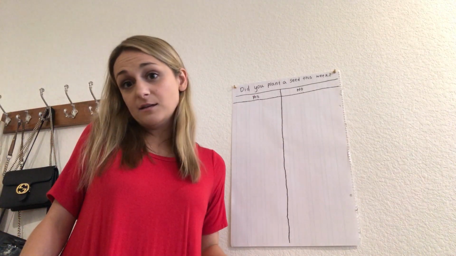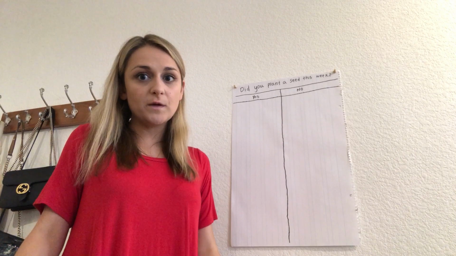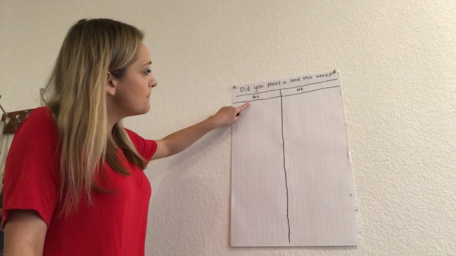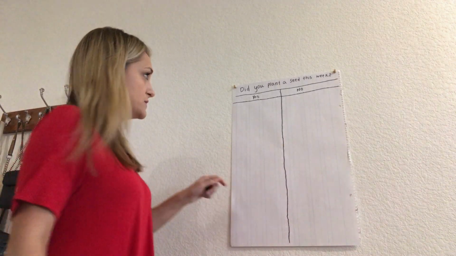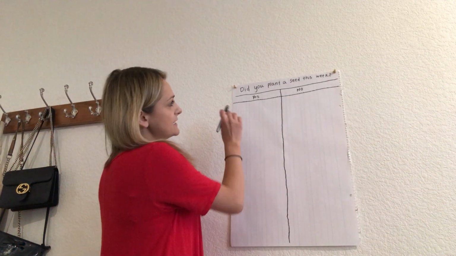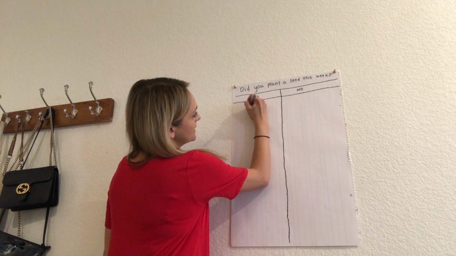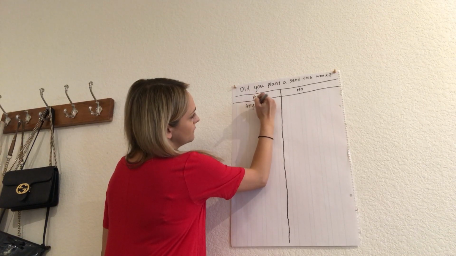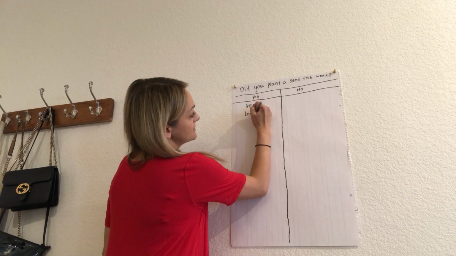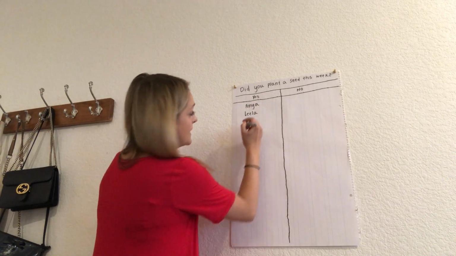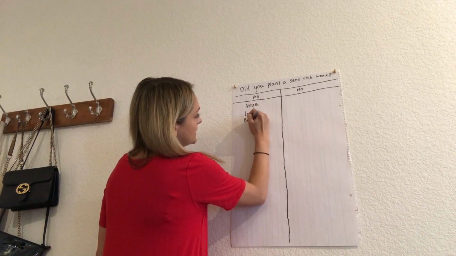I'm just gonna pretend for the purpose of this, let's say that we had a few friends vote yes and a little bit less of friends vote no. So pretending, let's say that Anya voted yes. Let's say that Leela voted yes. Let's say that Bennett voted yes.